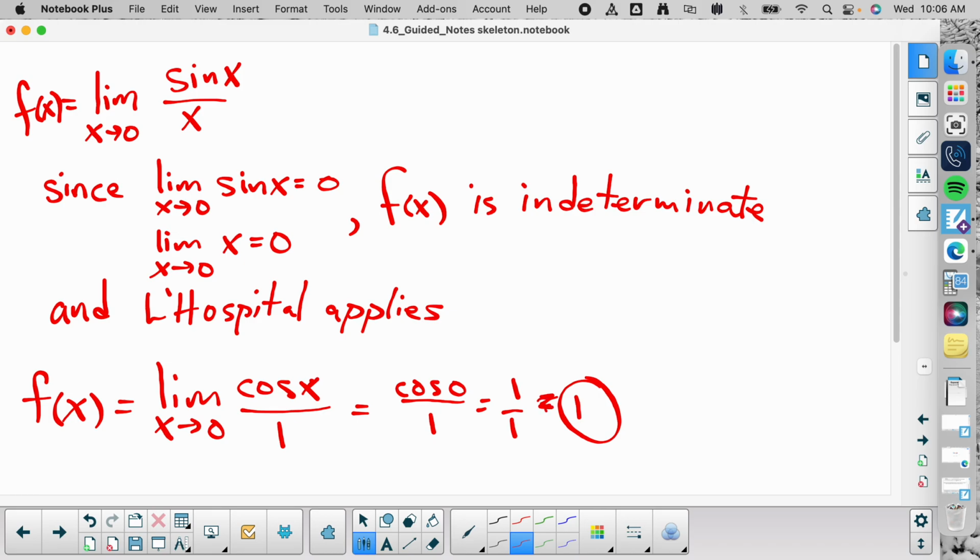Now this is a way more annoying process when you have to do L'Hopital's more than once. I know. Yep. Will we have to write all that garbage on our test? Okay, I did not call it garbage.